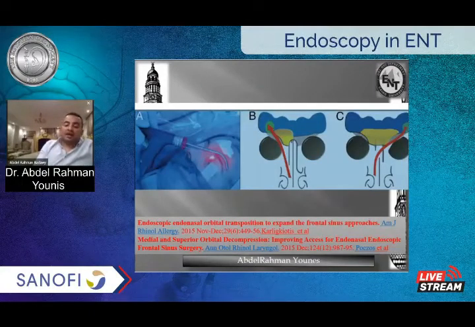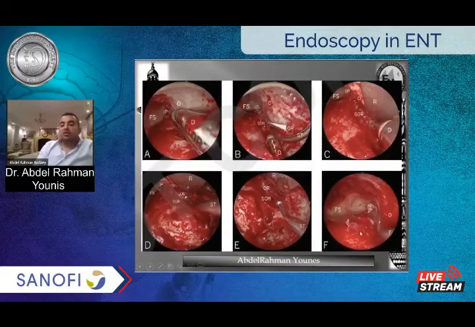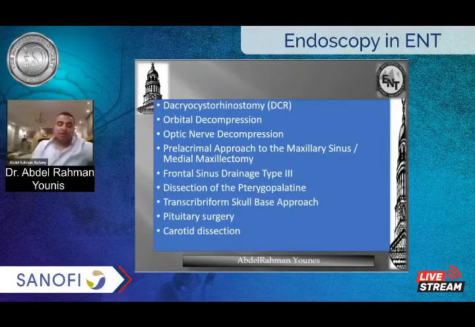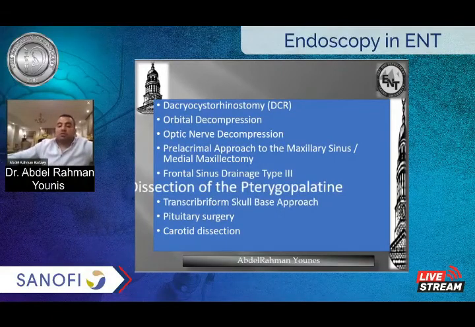Then you mobilize the orbital periosteum and have a very wide exposure to the frontal sinus. All these are modifications to access the lateral part of the frontal sinus. So we're gonna have our fifth item, which is the section of the pterygopalatine fossa and transpterygoid approach.